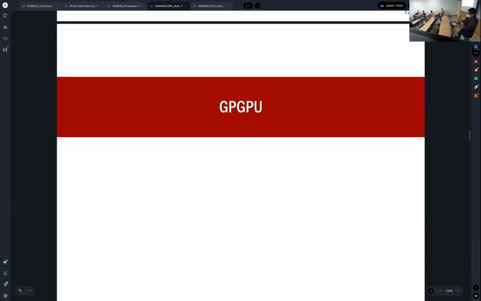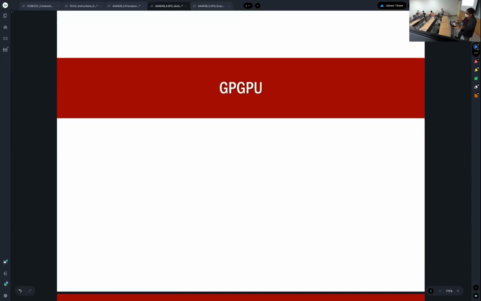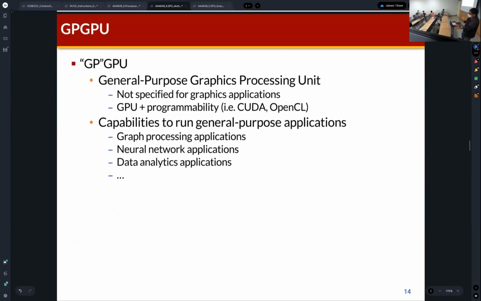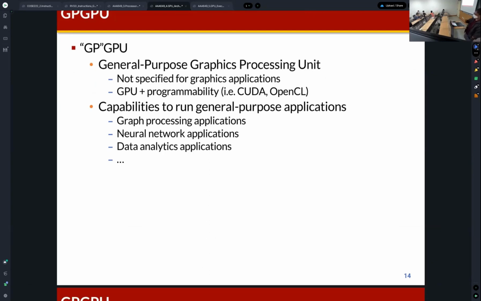So the recent modern GPU is the GPGPU. The first GP means general purpose, and the second GP is graphics processing. So general purpose GPU means that we use GPUs for game applications, image processing, and video applications.